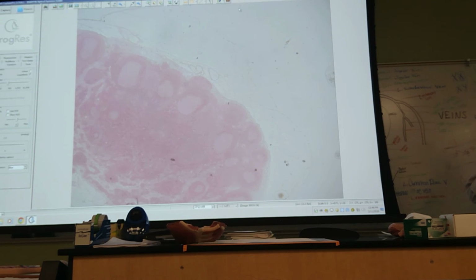But in these vessels, they have valves, like are found in certain veins in certain parts of your body. That prevents the fluid from going backwards. And so you have pericapsular tissue, lymphatic vessels that have valves inside.